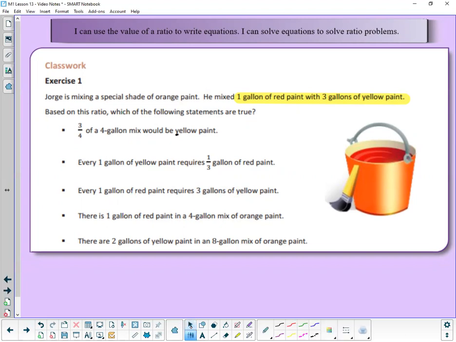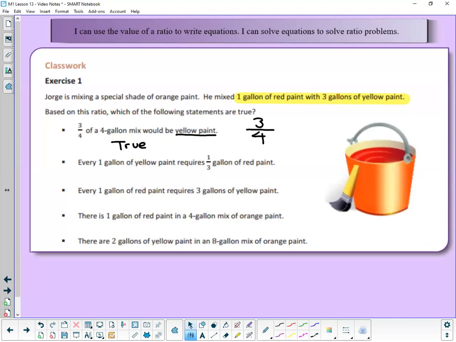It's asking us about the yellow paint. So 3/4 of a gallon would be yellow paint. Well, I'm making 4 gallons, 3 of which would be yellow, and of course 1 would be red. So this in fact would be true.